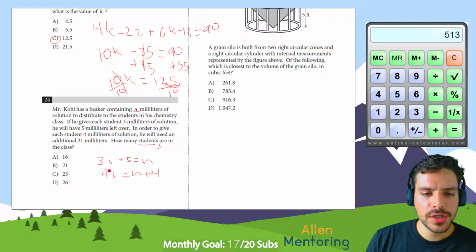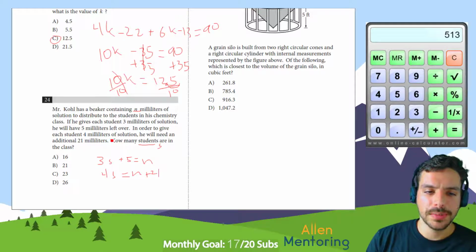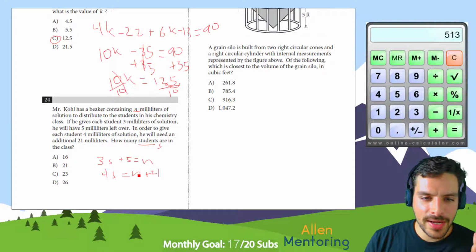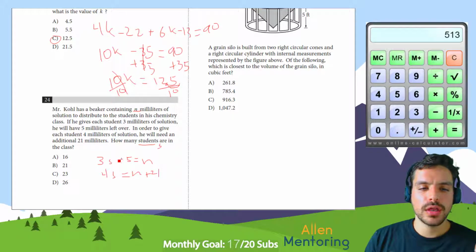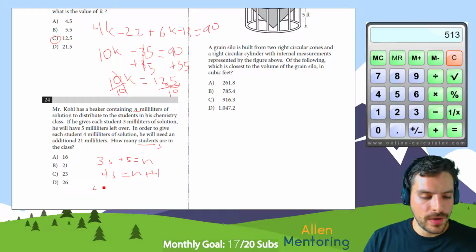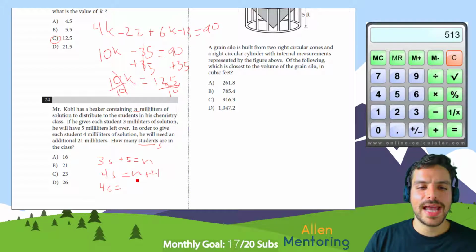And so we can solve this using substitution. We see here that n is in both equations, and n is equal to 3s plus 5. So in my second equation, if I rewrite this, 4s, I can replace n with 3s plus 5.